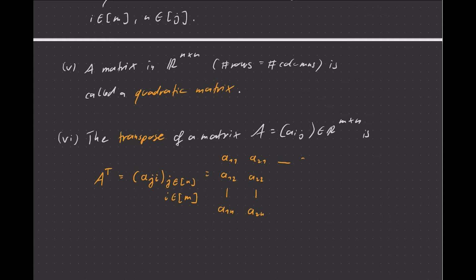The last column is the last row of A, which is Am1, Am2, and so on up to Amn. So this is the transposition, and the result is now a matrix in R^(n×m), right? So you'll notice the indices have flipped.